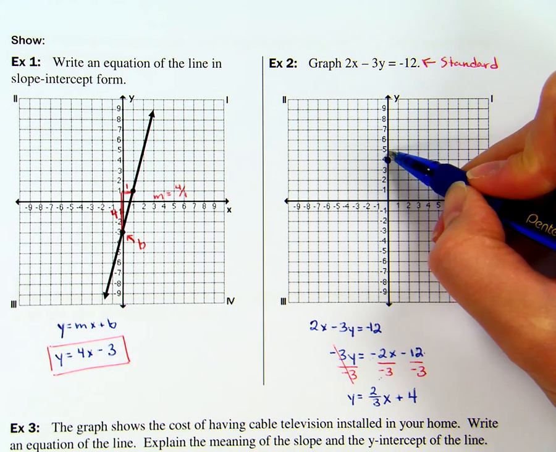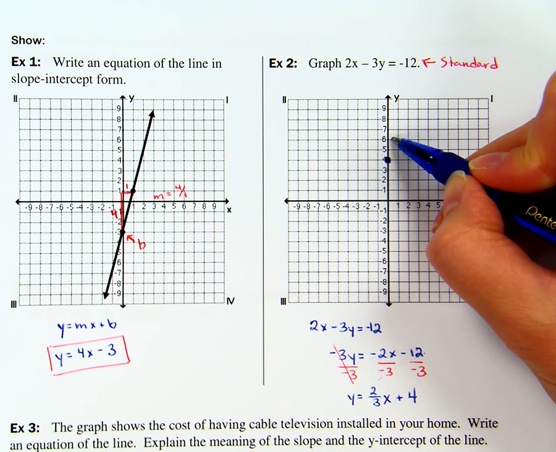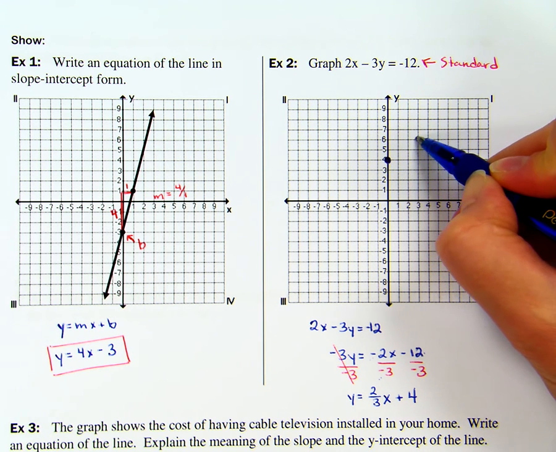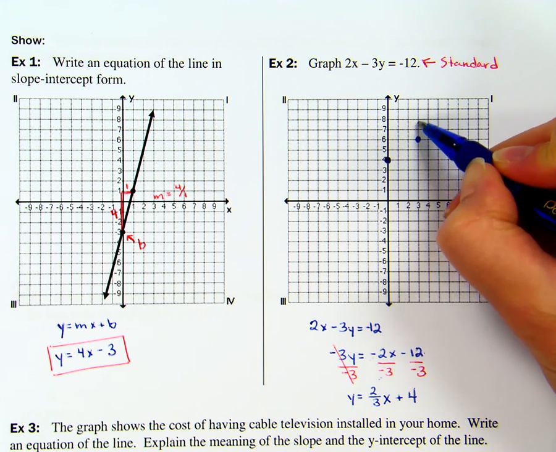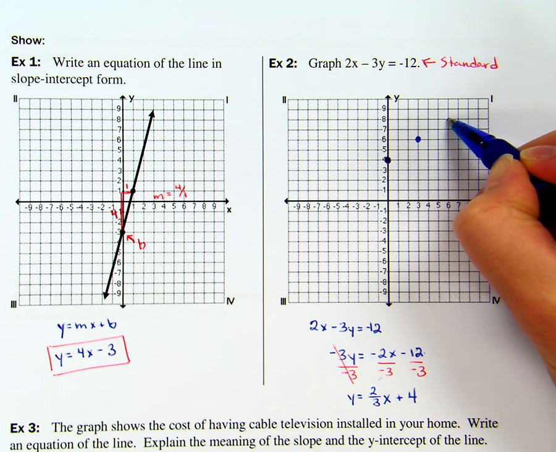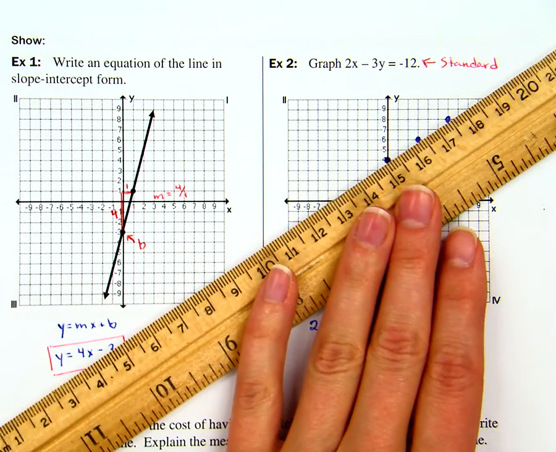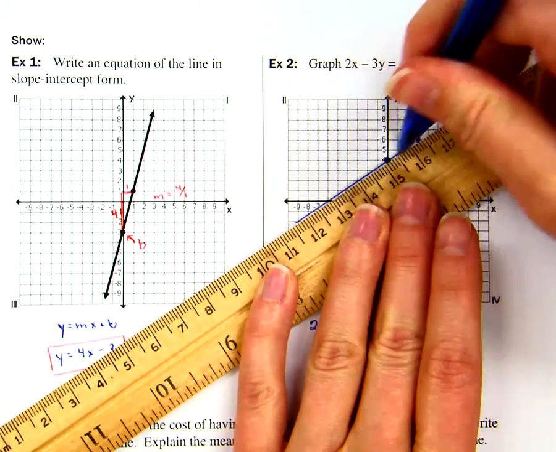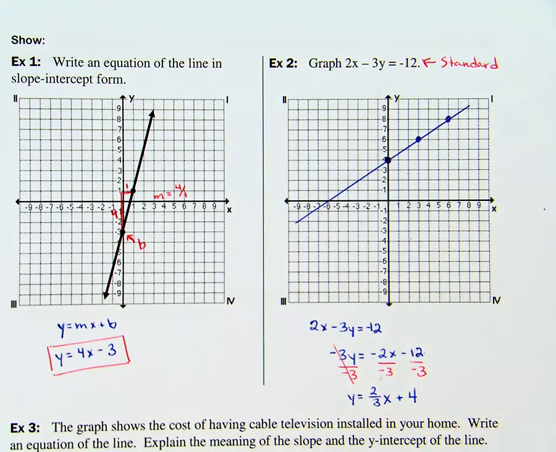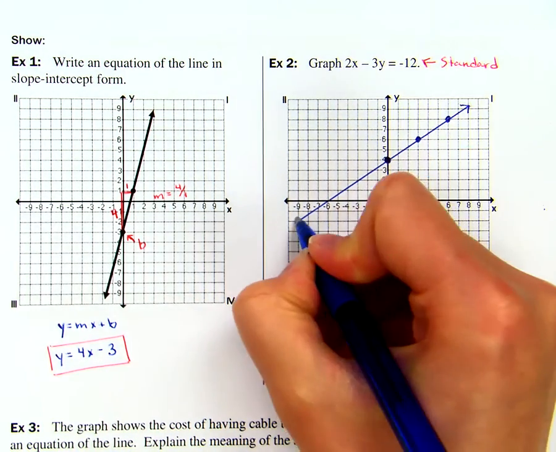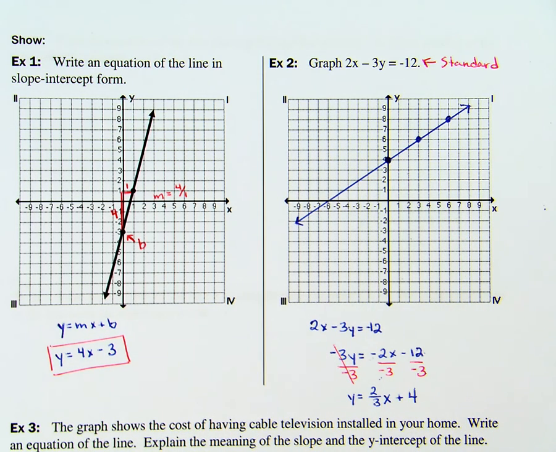Our slope is 2/3, so that's up 2 places and over 3. From here, all we need to do is connect the dots. And we have our line. Let's try example 3.